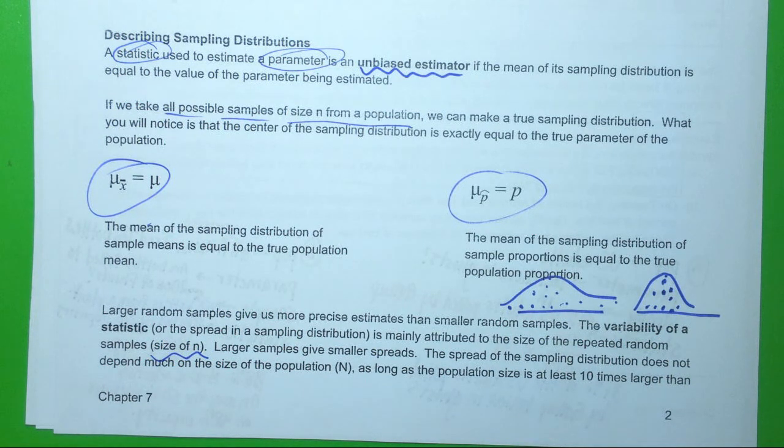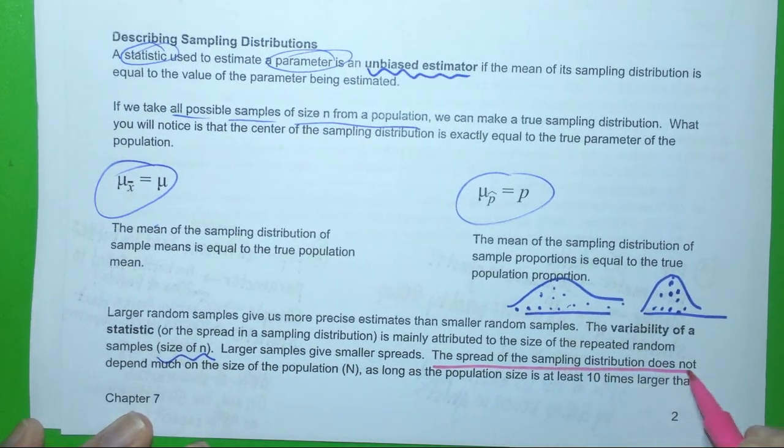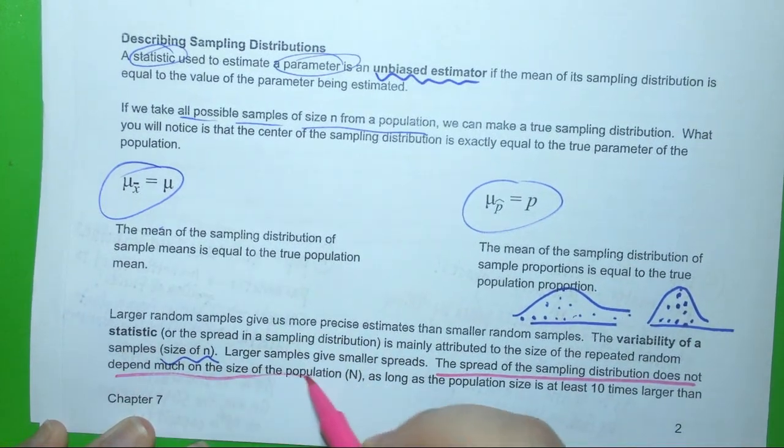And I was cool with that. I felt like that was intuitive. Maybe deep down in my gut, I knew that to begin with. The only thing I didn't know in my gut was the line that says the spread of the sampling distribution does not depend on the size of the population.